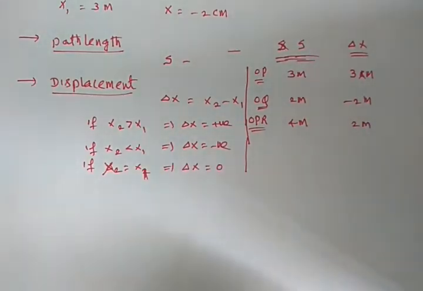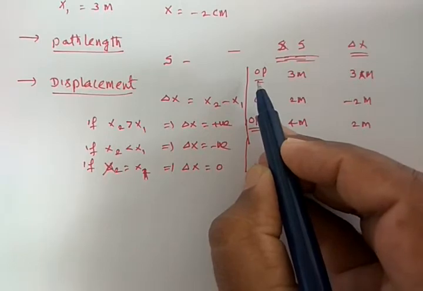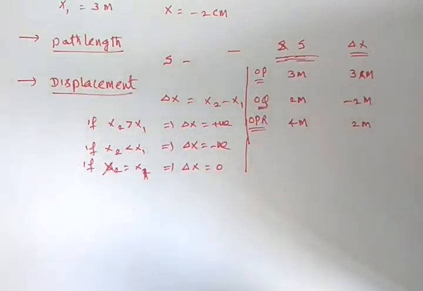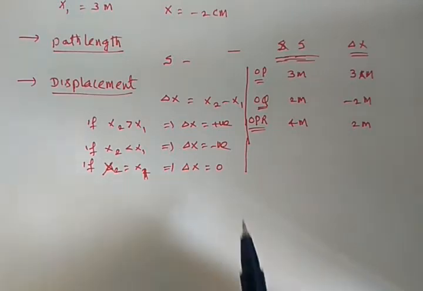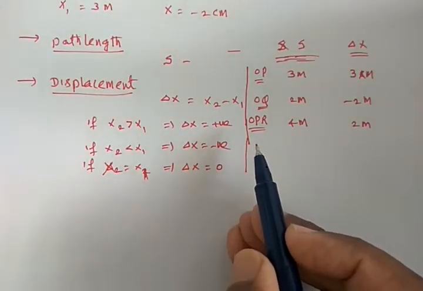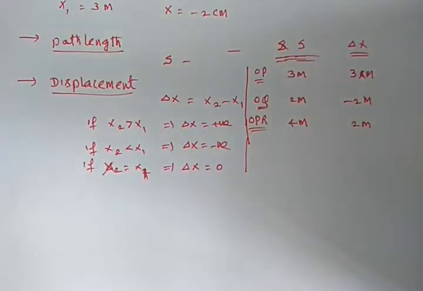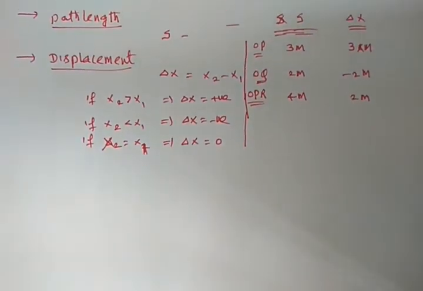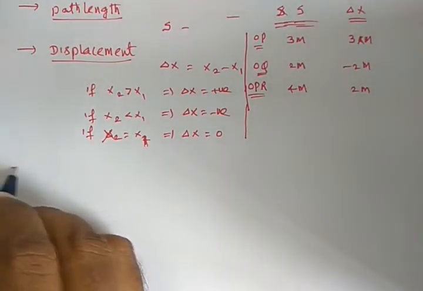And the body can move from O to P in 1 second, maybe in 2 seconds, maybe in 3 seconds, or maybe in 10 seconds. So to define the rate at which the body is covering this distance, we are defining one more parameter, that is called velocity. First let us define what is average velocity.